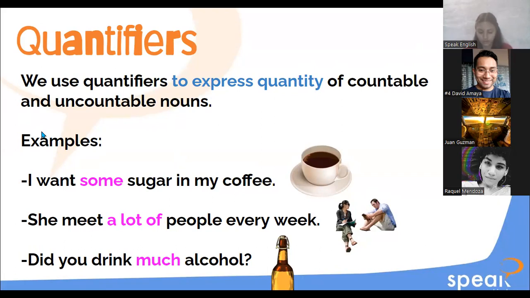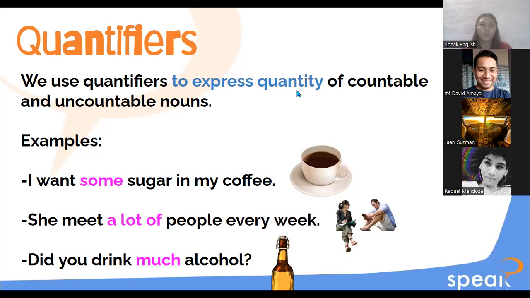Quantifiers. We use quantifiers to express quantity of countable and uncountable nouns. Examples. I want some sugar in my coffee. She met a lot of people every week. And did you drink much alcohol? Thank you. So we use it to express what, David?